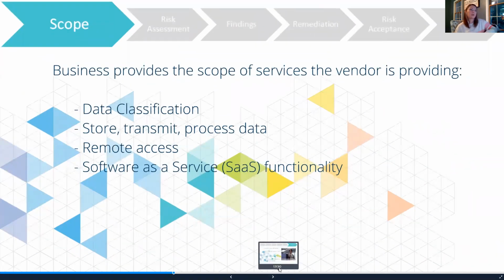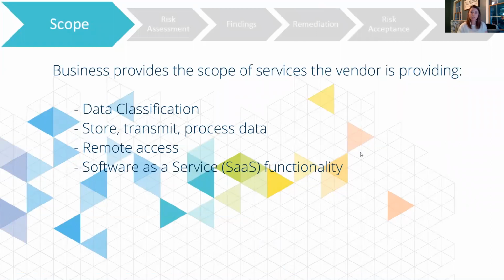Okay, so the scope. Ideally, whenever you go to assess these vendors, you want to know the scope of what they're doing. This is going to better facilitate the process whenever you're trying to assess the risk associated with this vendor. You want to know data classification. Data classification is entirely up to you as an organization. You may rate the vendors using public, confidential, and something else.